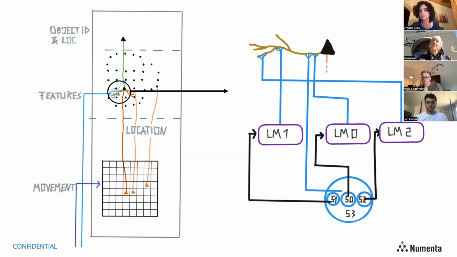That could be because they're getting input from the magnocellular pathway, or it could be because they are just faster responding. So we don't know the details of this, but it's totally consistent that the input comes in. The first thing that happens is, okay, I've detected my edge of this object. I know what orientation it is. Now I'm going to see if I can pick a specific representation for that.